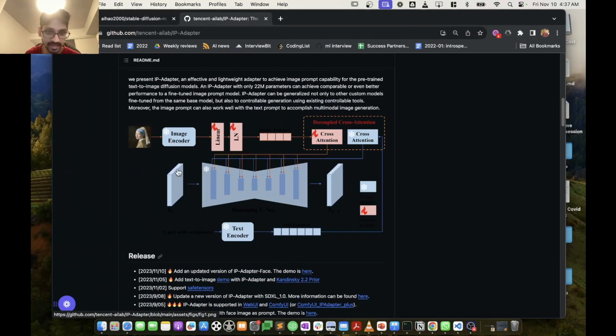In this case, if you see stable diffusion, during this training process the text to image model is frozen. They use the pre-trained weights and only modify the image encoder weights.